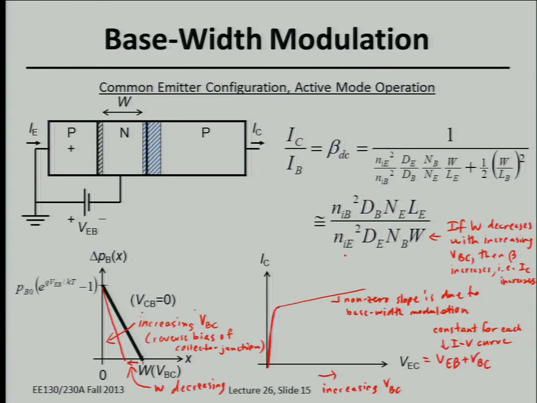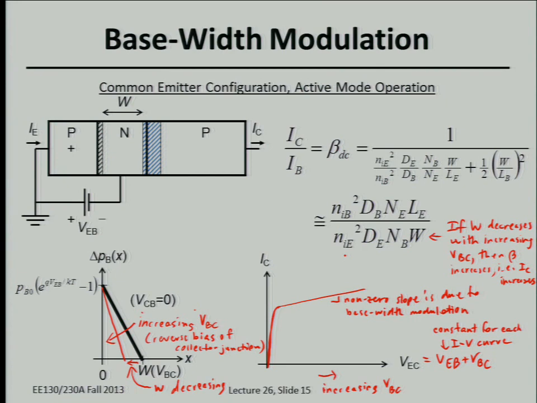Okay, so I think the final topic is base width modulation for today. As I mentioned last time, I sketched out the output characteristics. The textbook curves are ideal in that in the active mode of operation, ideally, as you change the output voltage, the output current doesn't change.